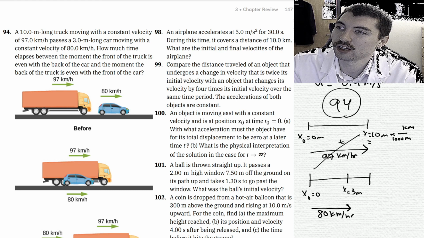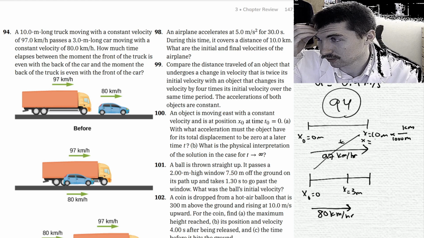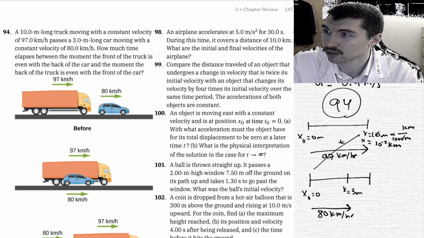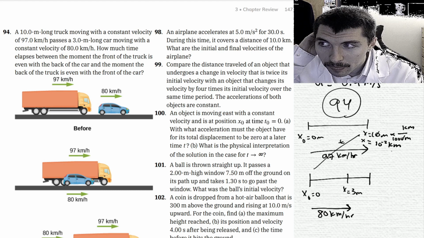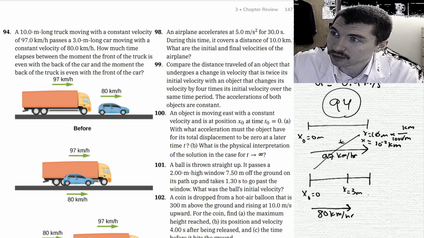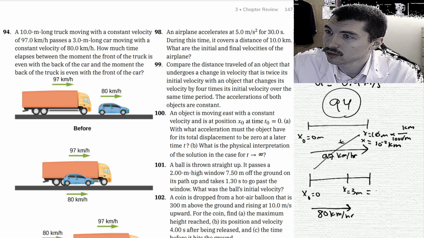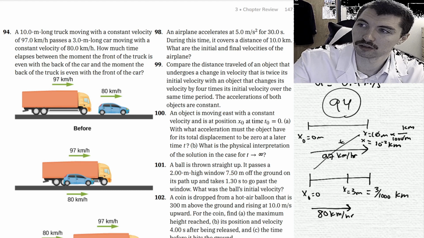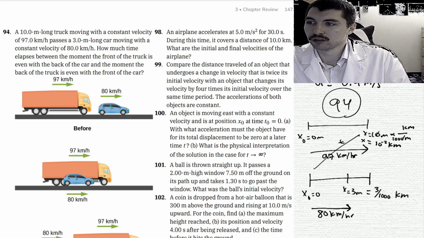So X is, the 0 is going to cancel out. We're going to get 10 to the -2 kilometers. Okay, likewise, this will be 3 times 10 to the -3 kilometers. Okay.